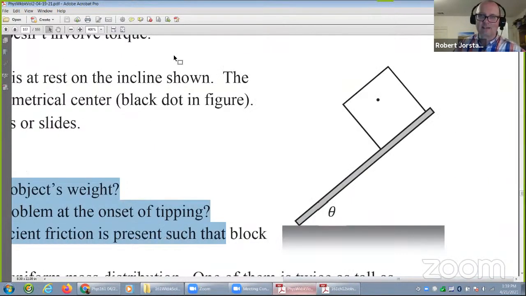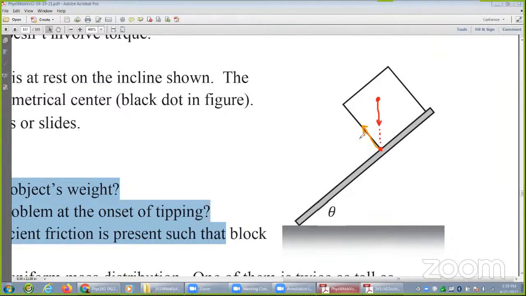The idea is things are going to tip over. Like imagine this is a box you got from Amazon and for some reason it's high center of mass, okay? What do you notice about mg and the pivot point for this particular problem? No torque.